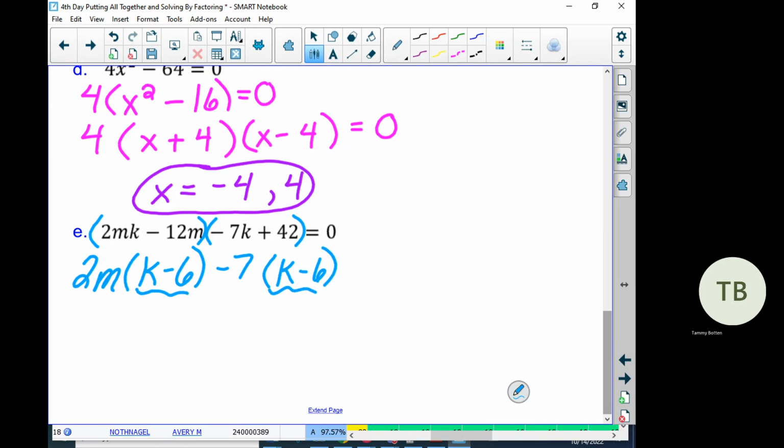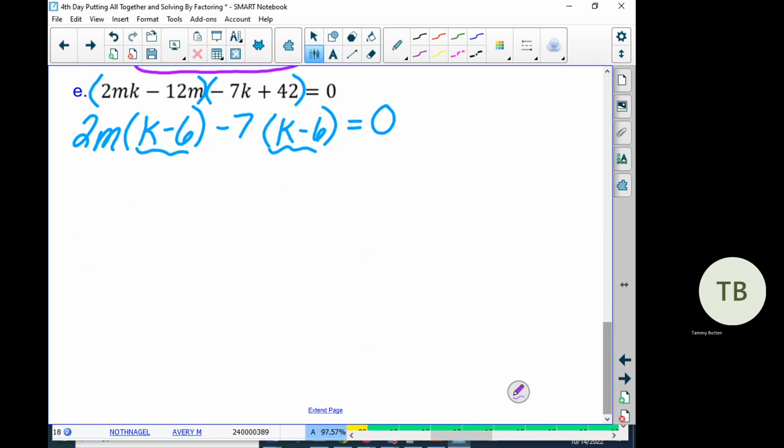And then you can check, is -7 times a -6 positive 42? And it is. And then when we go to do the next step, the K -6 we bring down because that's our common factor. And then we write this -7.